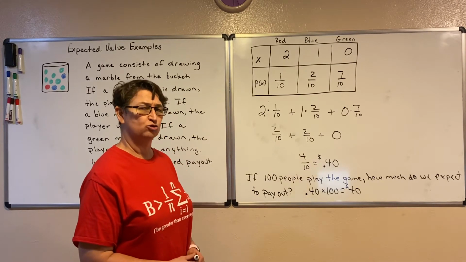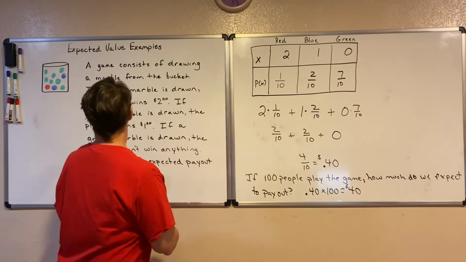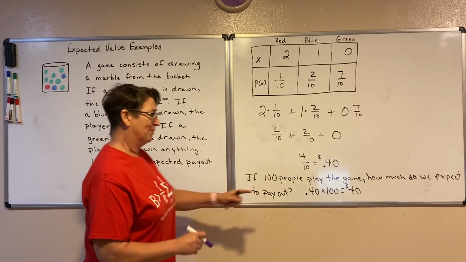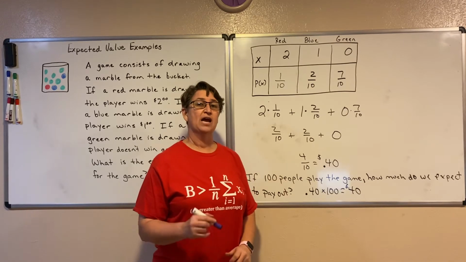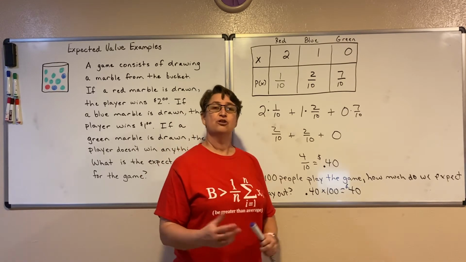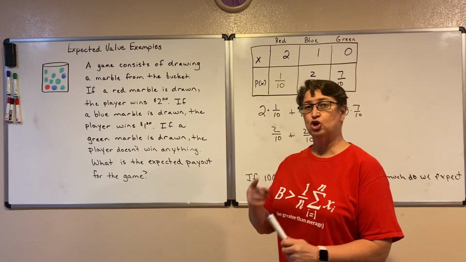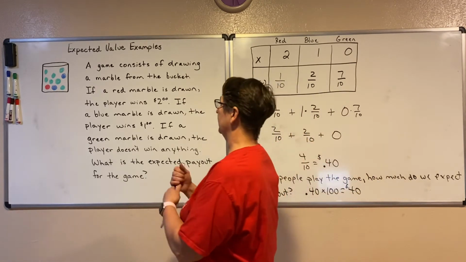Let me make one little change to our problem. Here, I'm not making any money if I'm running this booth. So to help me make some money, I'm now going to charge the people who are playing the game. I'm going to charge them $1 to come play.